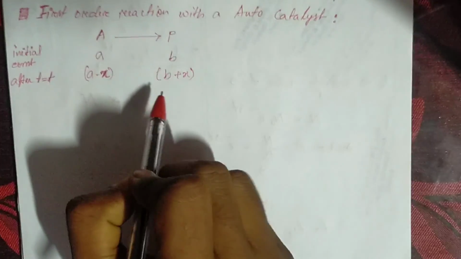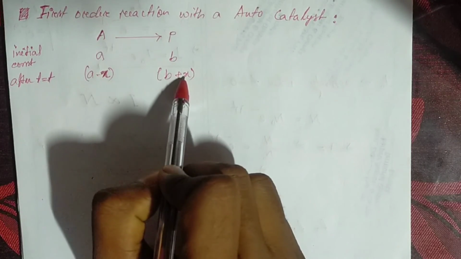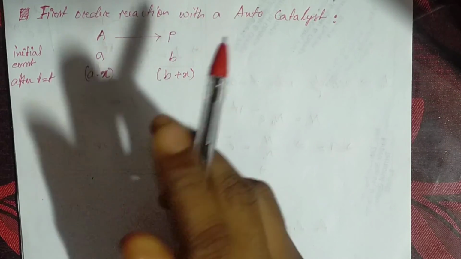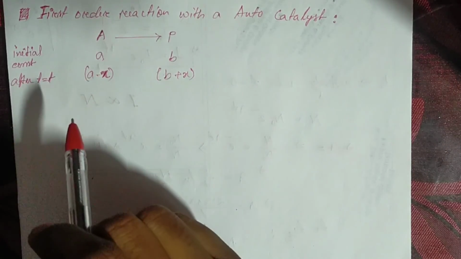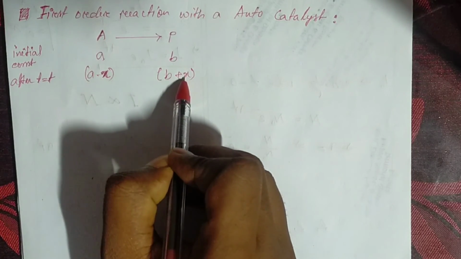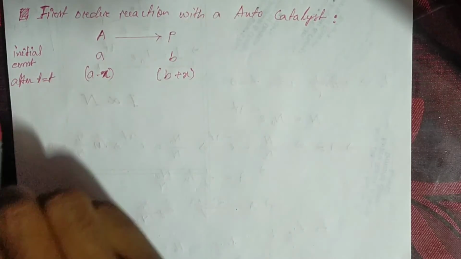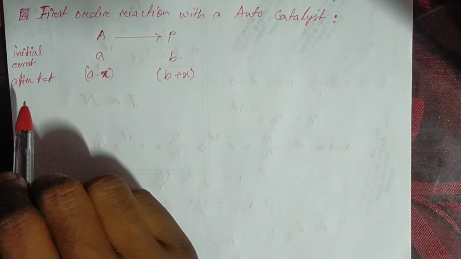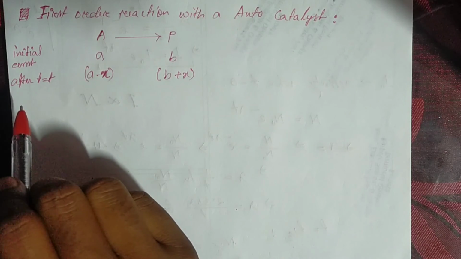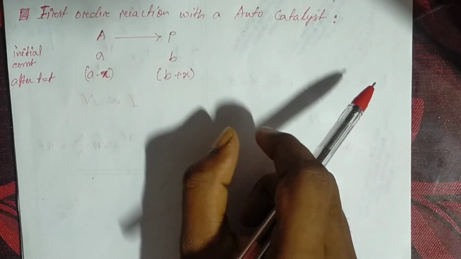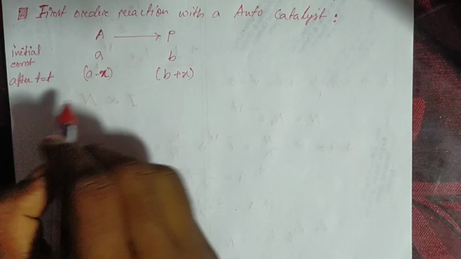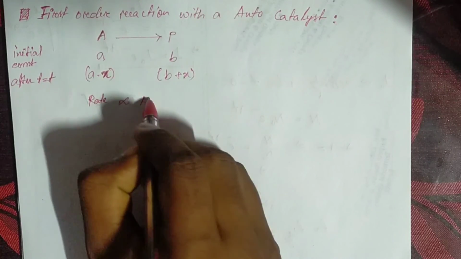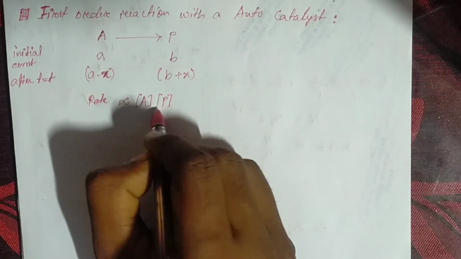But in this case the x is an autocatalyst, so it will also affect the rate. You can see that x is on the product side and on the reactant side also. So we have to write that the rate is directly proportional to reactant and also product.